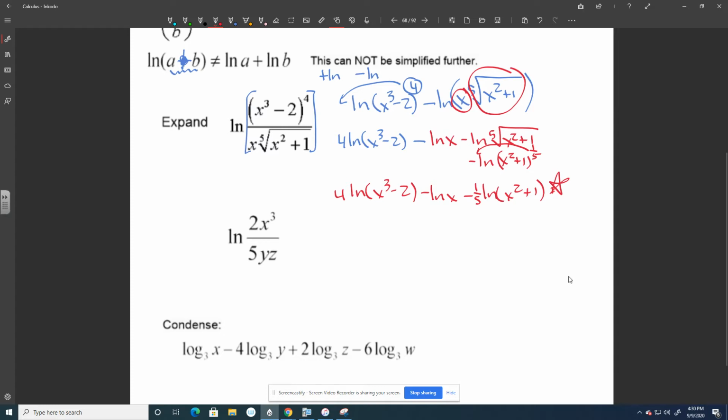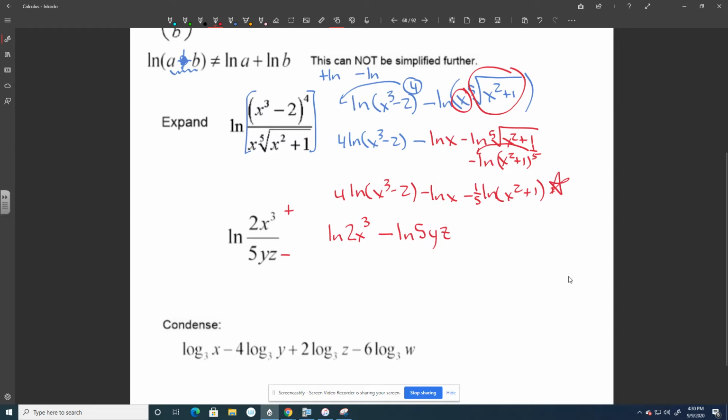function, okay? So this bottom one over here, remember, the stuff on the top is going to get a plus. The stuff on the bottom is going to get a minus. So technically, we start with the natural log of 2 times x cubed minus the natural log of 5yz. But remember our multiplication rules.